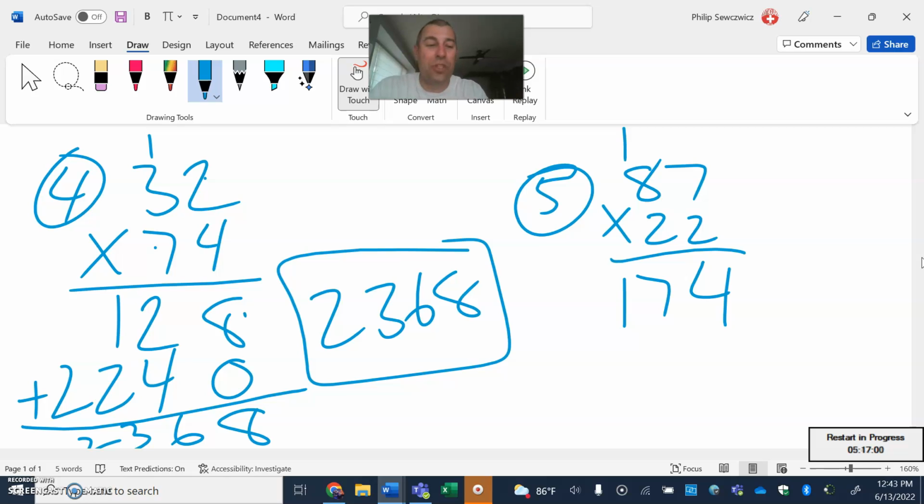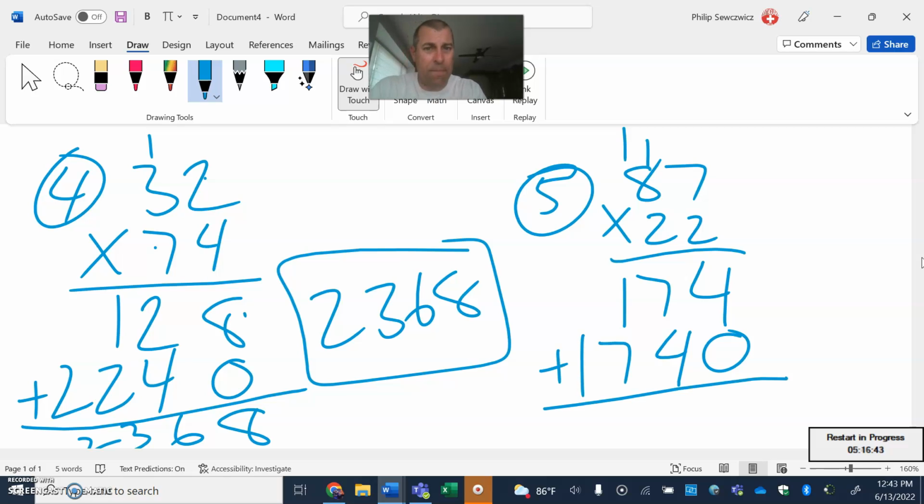Start your second row, so we do start with our 0 because we're using this next 2, which is in the tens position. And it's the same thing all over again. 2 times 7 is still 14, carry the 1. 2 times 8 is still 16, so there we go. So the nice thing about a repeat number is that they'll be the same numbers. 174, 174. We just needed that 0 for that placeholder.